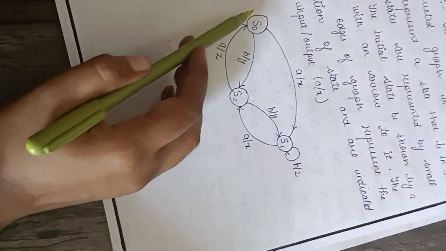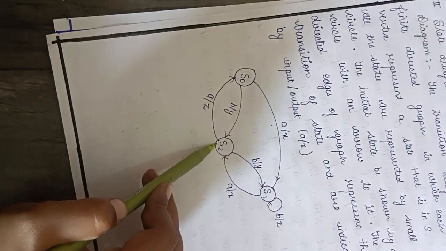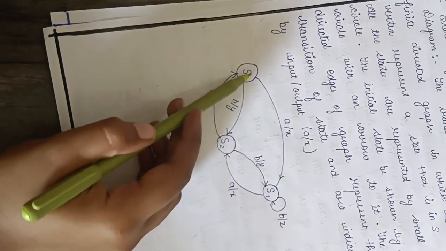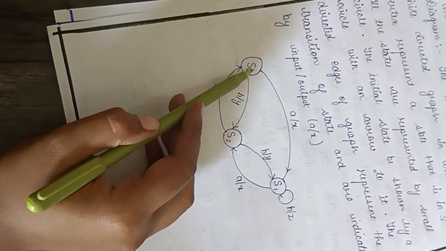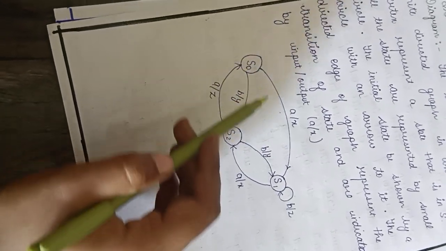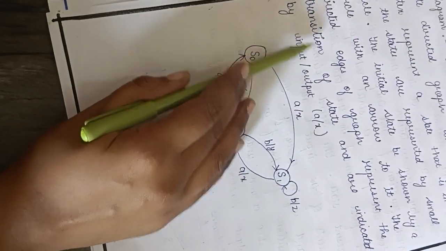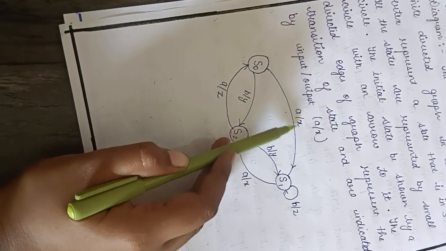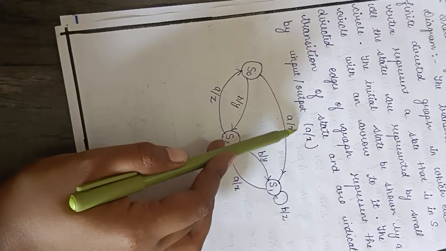So here we have S0, S1 and S2 as the states, each represented inside a small circle, and the transitions of state are indicated by input slash output.